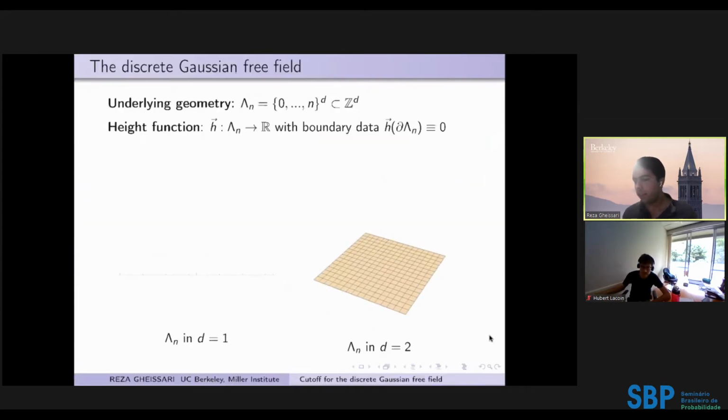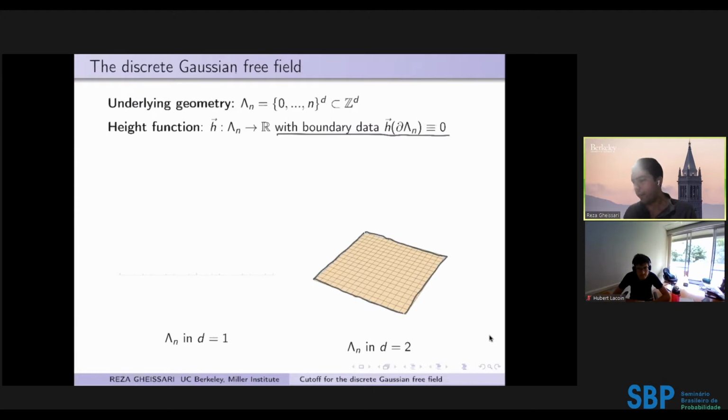And the discrete Gaussian free field is going to be a random height function, which is an assignment of heights to the points of Lambda_n. So above each point, we assign a height. And I'm going to assume this boundary data that the height function has value 0 all along the boundary. And so the boundary is here.